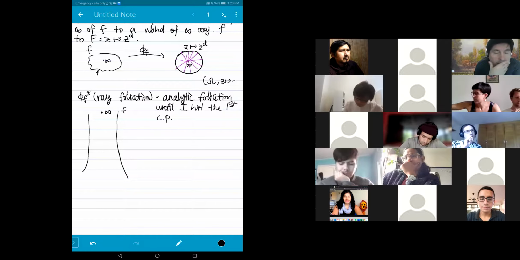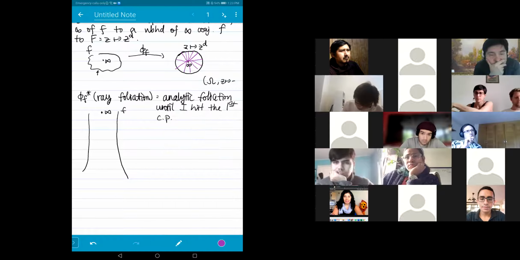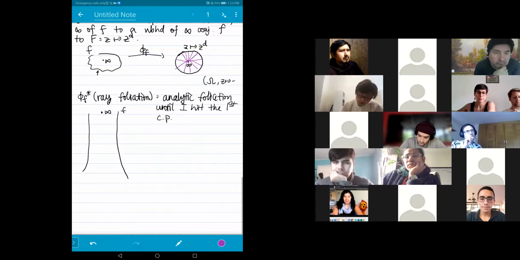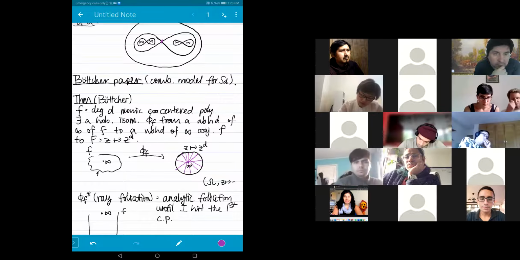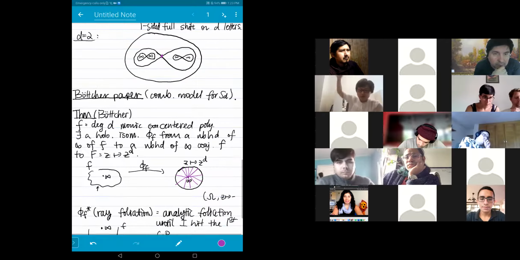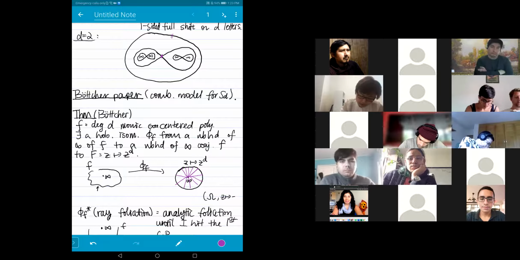So basically, what is a critical point, right? If you remember the degree 2 picture, so this is a critical point, right? Because z squared would be a double cover, so you can think of this circle as a branched cover of the figure 8, branched at the points where you see a cross, right?